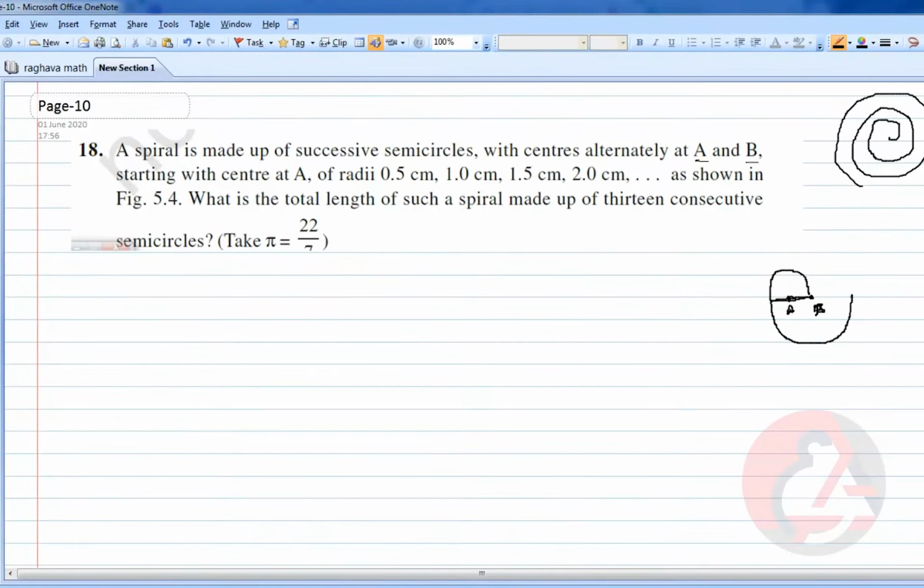You can take it like this. This whole thing will be 1. This is A. This is B. Like this, the third semicircle. And here is the fourth semicircle.